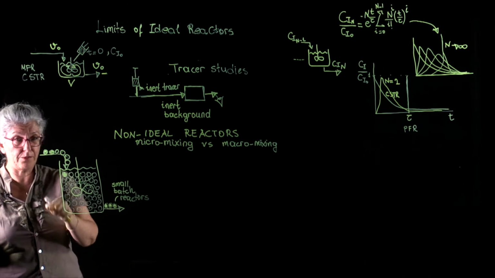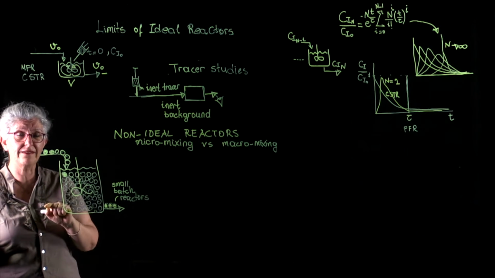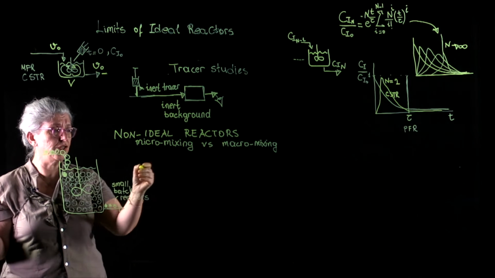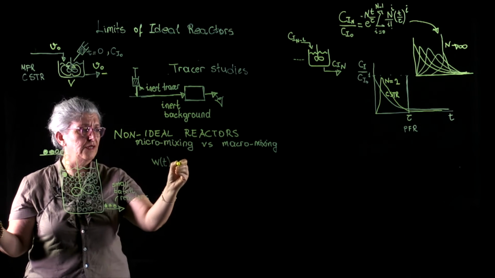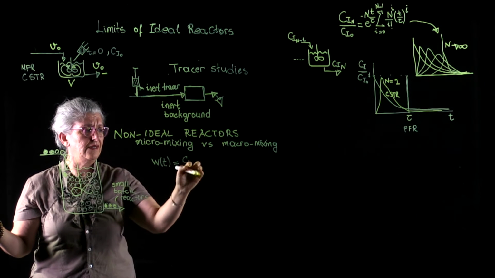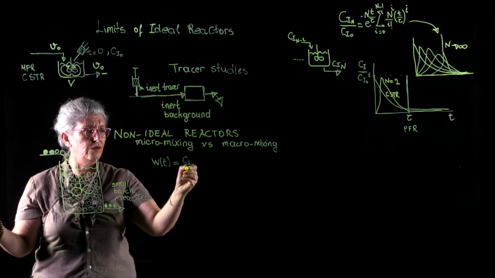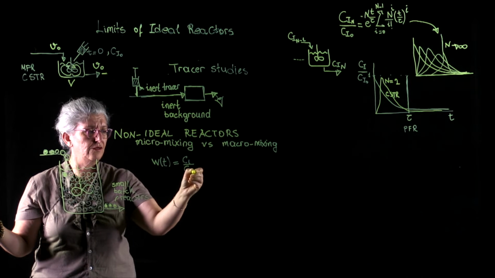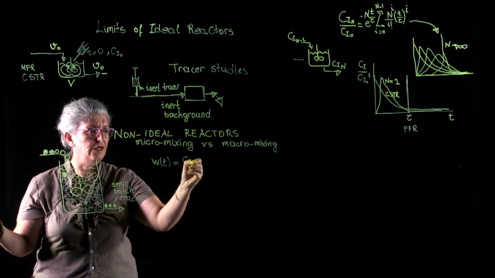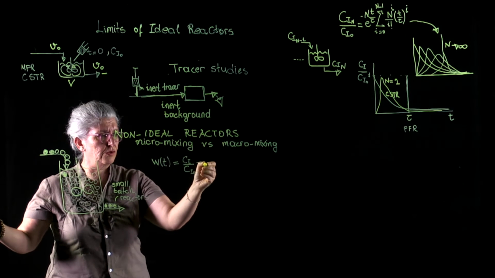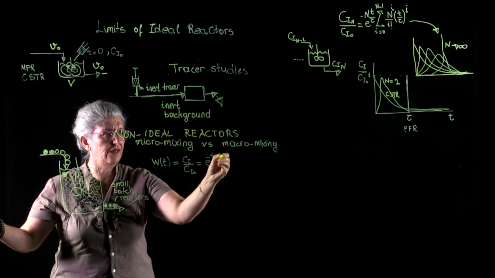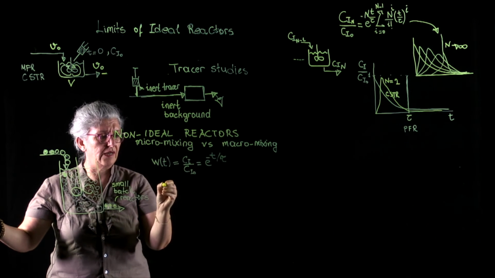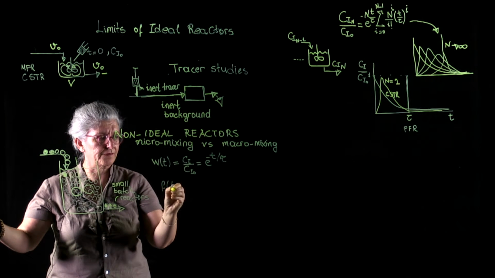And we have a perfect CSTR here with a washout function of Ci over Ci0 equal to e to the minus t over tau, or F of t.